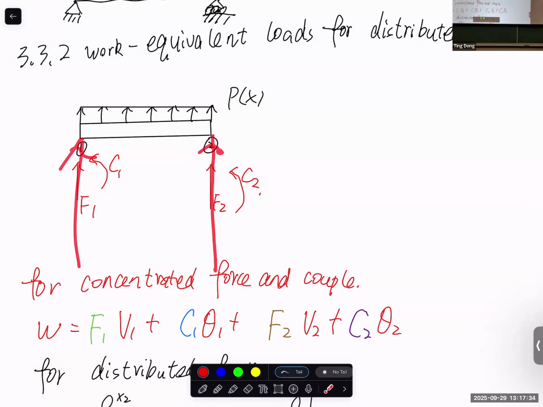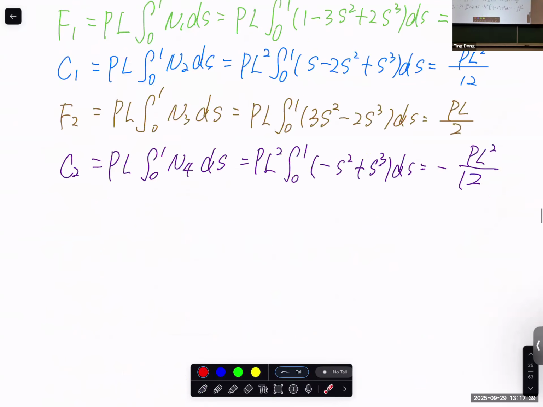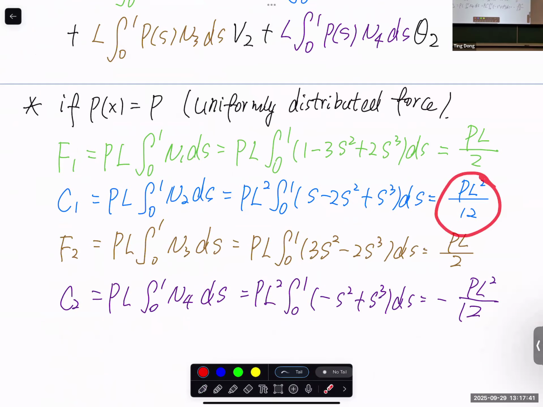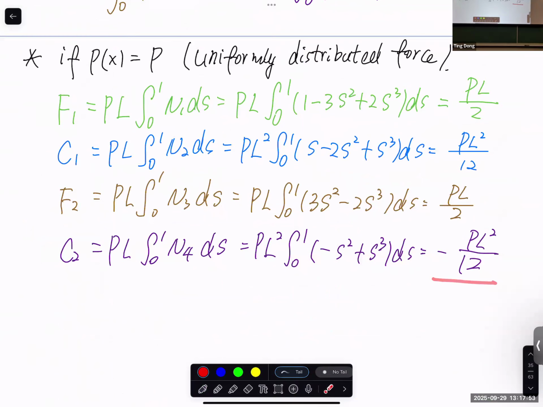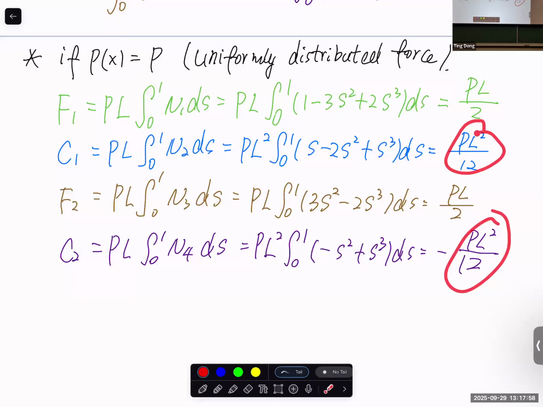And then this one is equal to PL squared over 12 in the counterclockwise direction, and on this side, that one is clockwise, so it is negative. In terms of magnitude, these two should be the same. Any question? If no question, let's do an example problem.